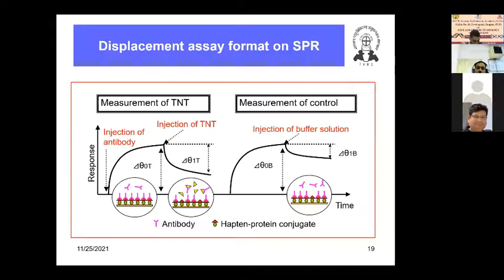Then you inject TNT molecules. What do these TNT molecules do? They take away some of the bound antibodies from the surface faster, depending upon the concentration of the TNT. So this becomes another type of displacement assay format available only with SPR sensor technology. This is the displacement assay that can be used on the surface plasmon resonance sensor. Next.